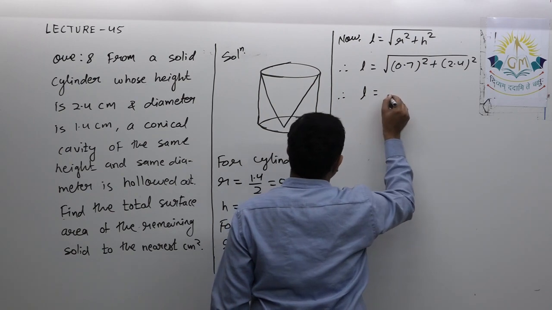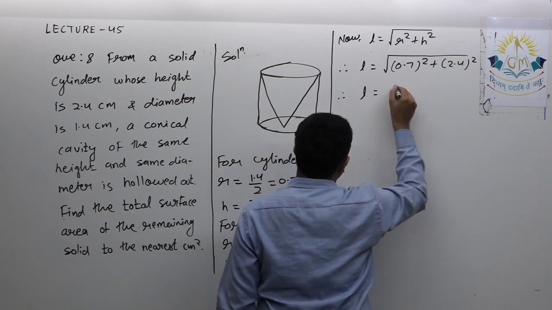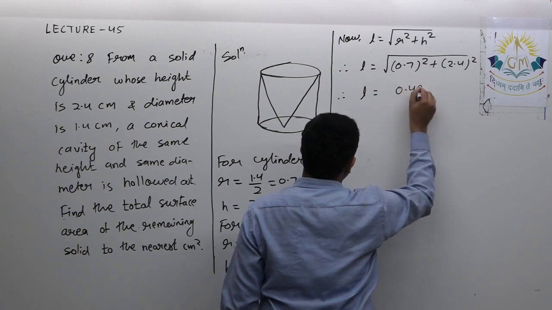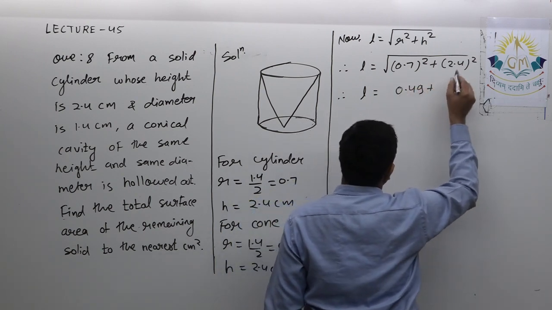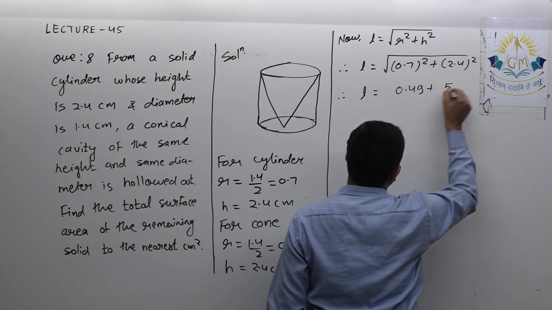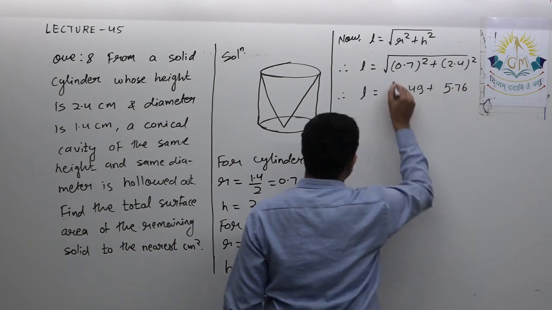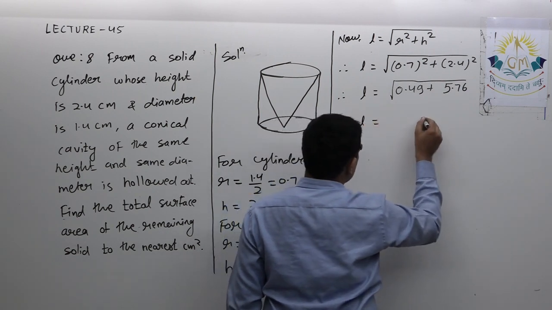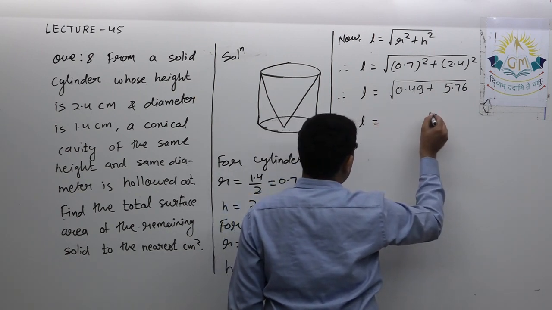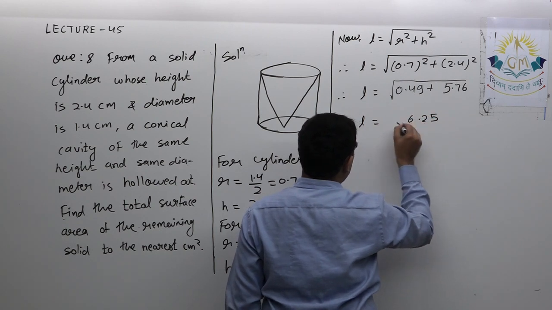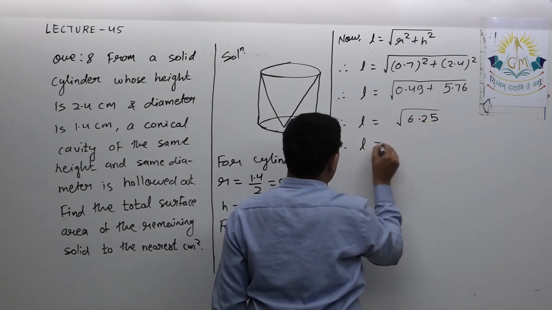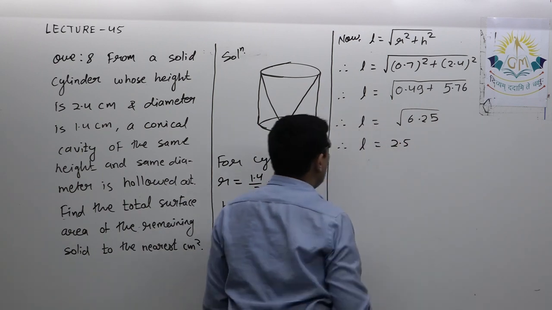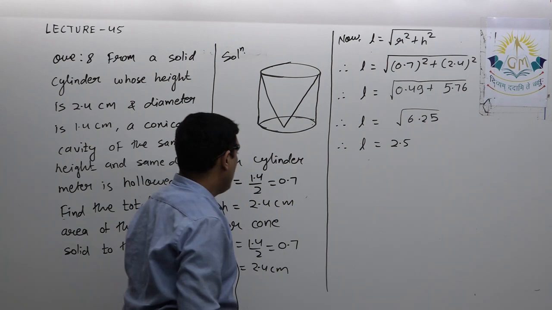This is 0.49, not 4.9, and 2.4 square is 5.76. So this gives you 6.25. Therefore, L is equal to 2.5. So this is the slant height.